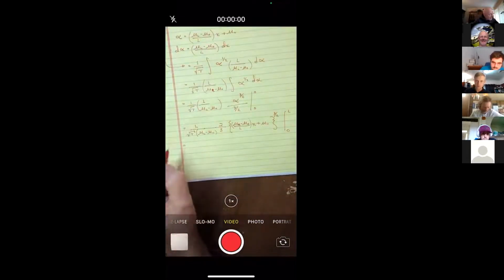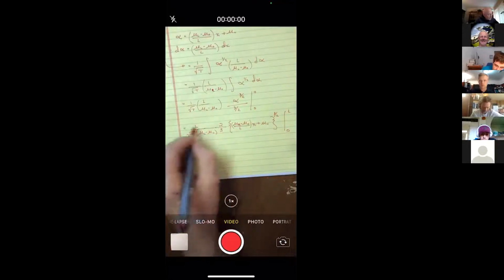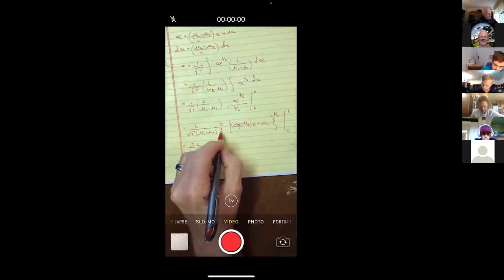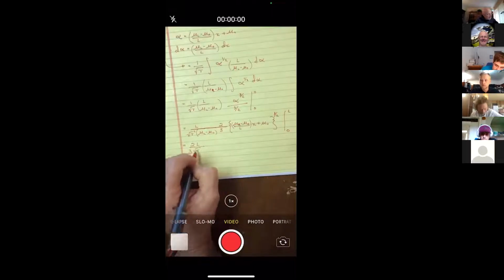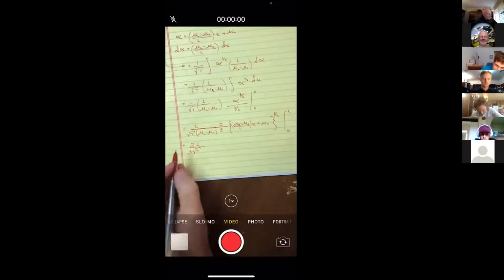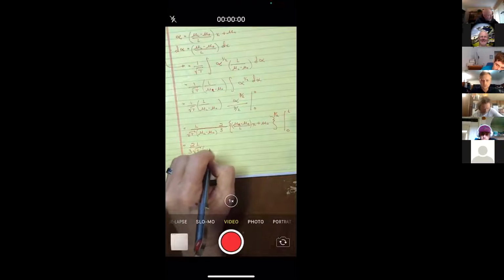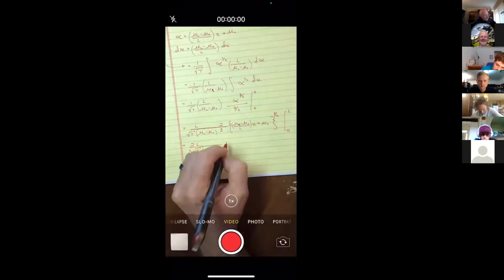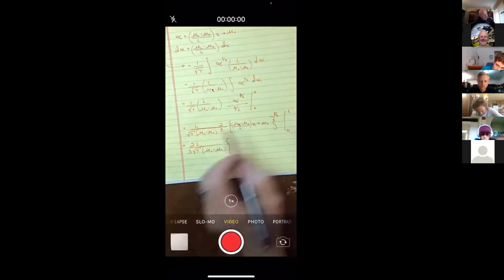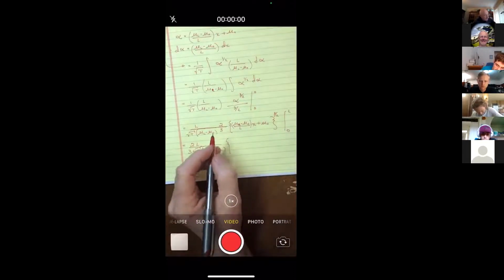Continuing on. And just because it's tradition, I'll move the 2 in front of the L and the 3 down here in the denominator in front of the square root of t. And then I'll have the mu L minus mu naught there. And so now I need to put in my limits.